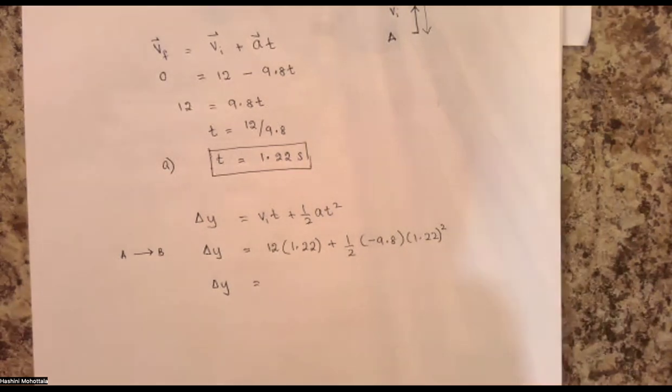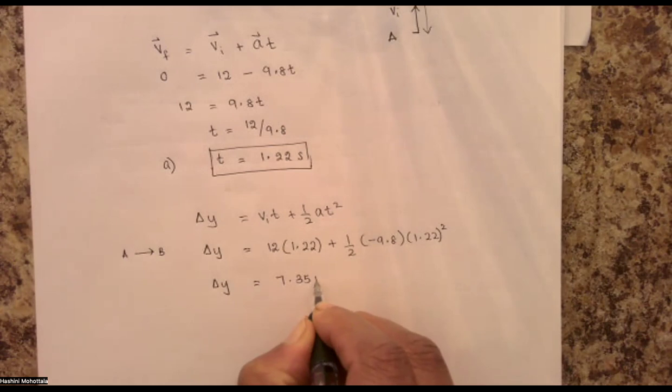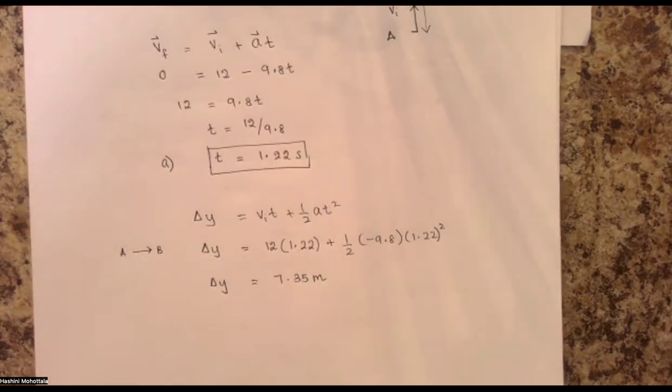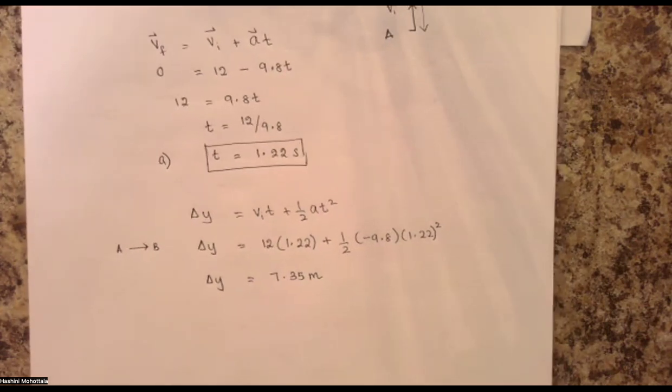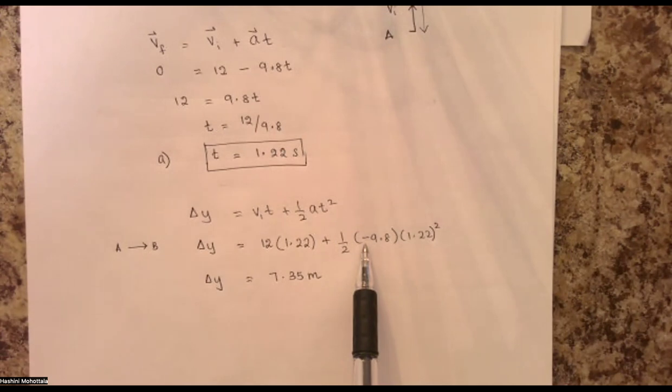So the most popular answer here is 7.35. Thank you guys. 7.35 meters. So the maximum height is 7.35 meters. In one or two cases, I have 22.17, and that may be because you forgot to take the negative into consideration.